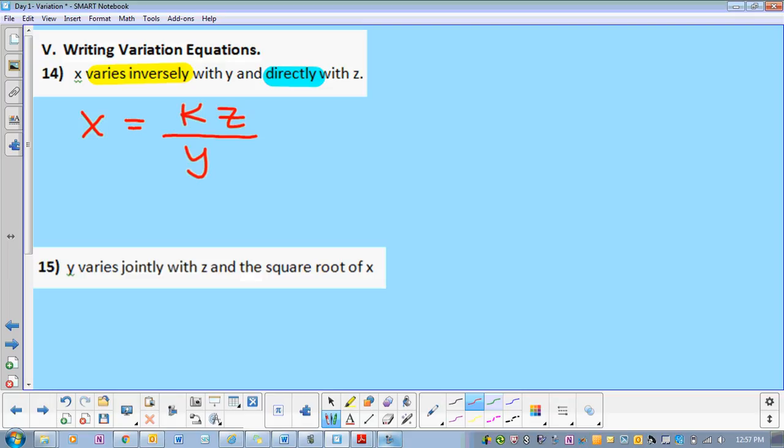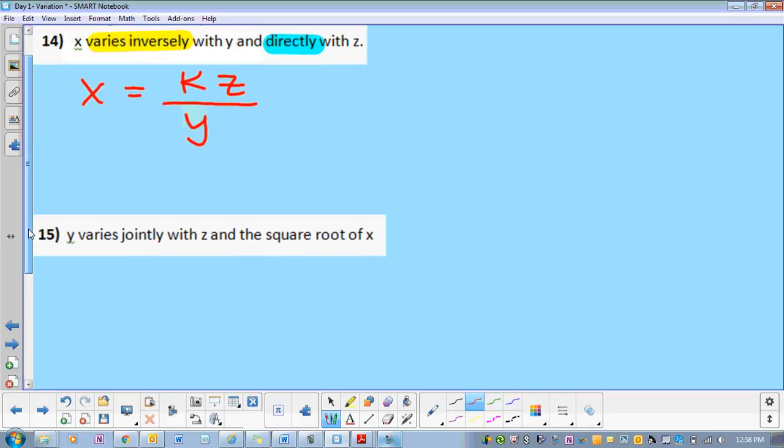Okay, so now we're going to combine stuff. How exciting. So look at number 15. I want you guys to try 15, please. So Y varies jointly.